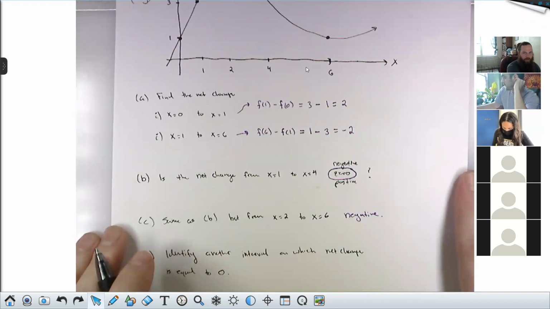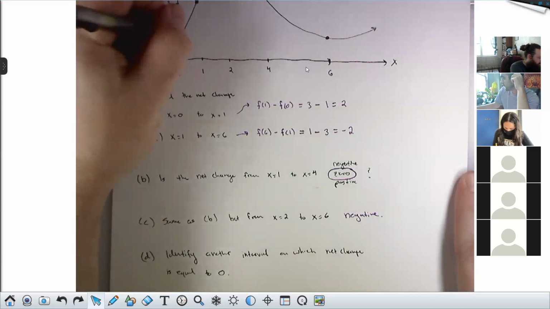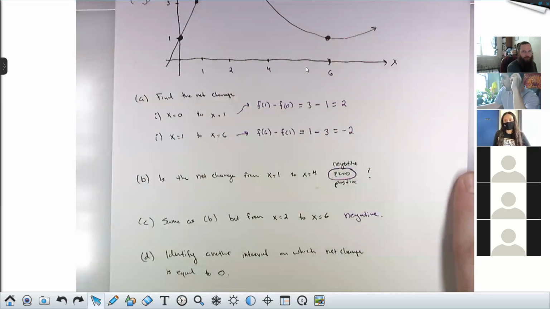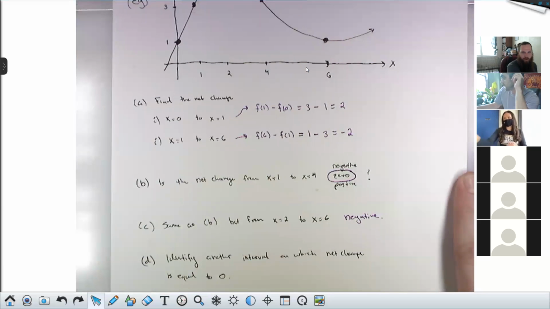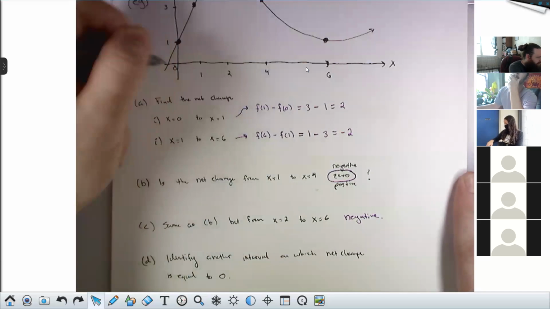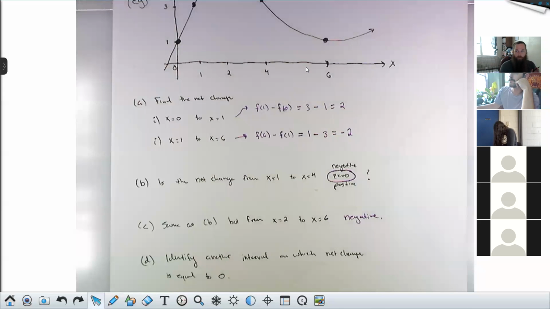So we could ask, find another interval on which the net change would be equal to 0, and from this point to this point, right? That's what works. And I'm pretty sure everybody could interpret that question and find the points. But remember, when you're describing function behavior, we always do it in terms of the input. And that is why that rule saying every input goes to one and only one output is so important.